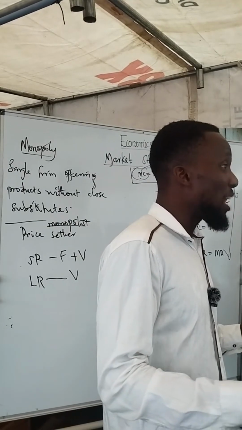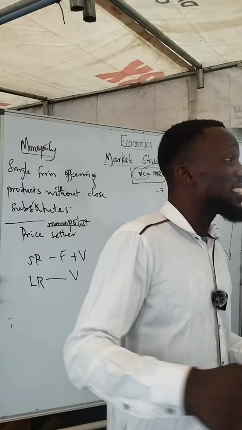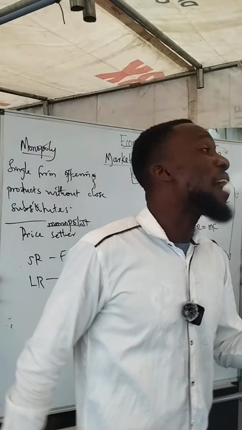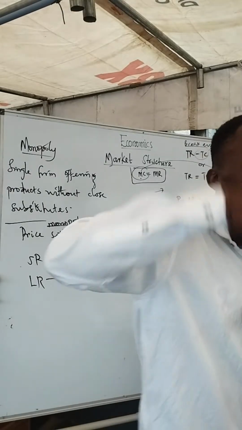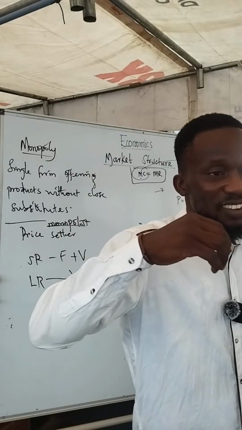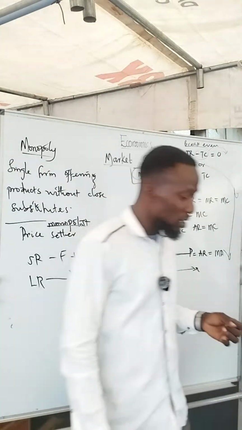Are you with me? The benefit you derive from increasing your volume of productive capacity, that is economies of what? Large scale, whereby your output will increase, but your cost of producing a unit of that commodity will drop, and you'll be making profit. Economies of large scale of production.